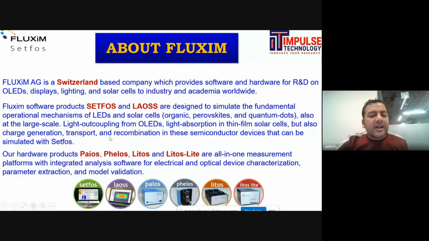Apart from software, there is equipment that you can see: PIOS, Phelos, and Litos Lite. These are all equipment for the characterization or measurement of current-voltage characteristics and EL/PL measurements. PIOS is basically for electrical characterization and measurement. Phelos is for EL/PL measurement, and Litos is for OLED emission measurement. Litos Lite is for stability and degradation on different channels, 16 channel, 32 channel, or 64 channel.